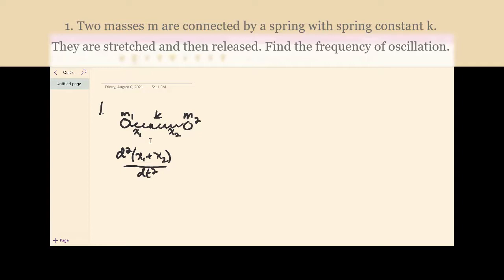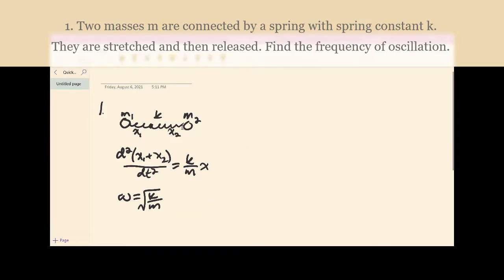And if we can write this as k over m times x, then the frequency is omega equals square root of k over m. The k over m times x is the acceleration, and you can see for yourself how omega equals square root k over m comes from that.